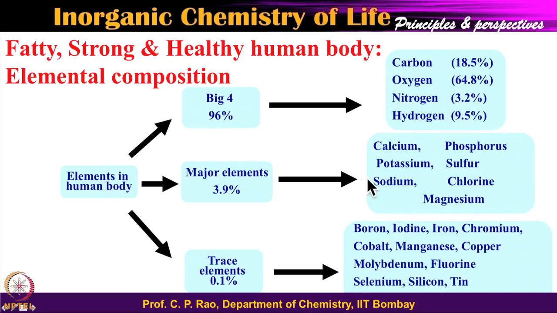So, therefore, a healthy body requires not only the bulk elements like the big 4, not only the macrominerals, all these 7, you also need about a dozen trace elements: 1, 2, 3, 4, 5, 6, 7, 8, 9, 10, 11, 12. These dozen essential elements are absolutely important.